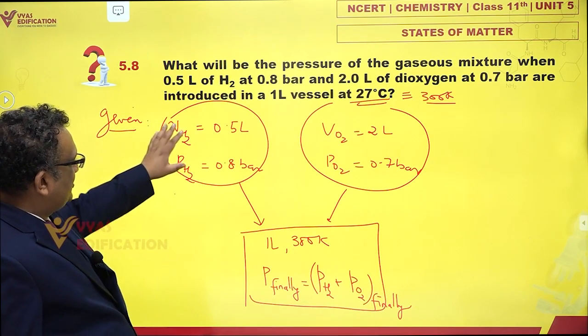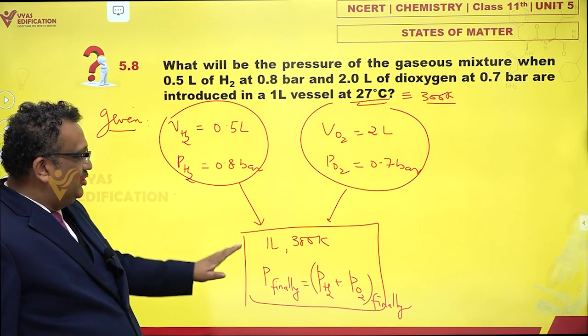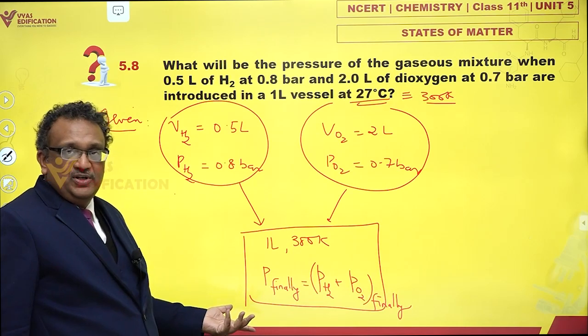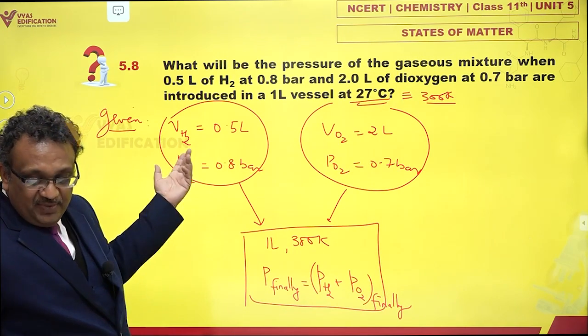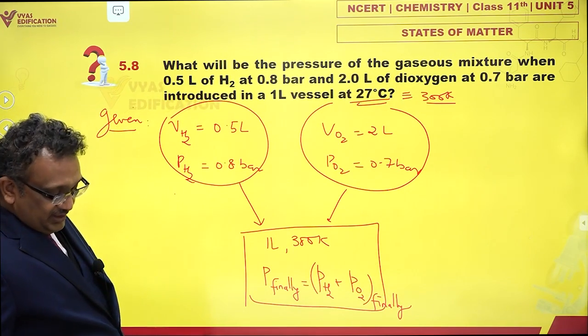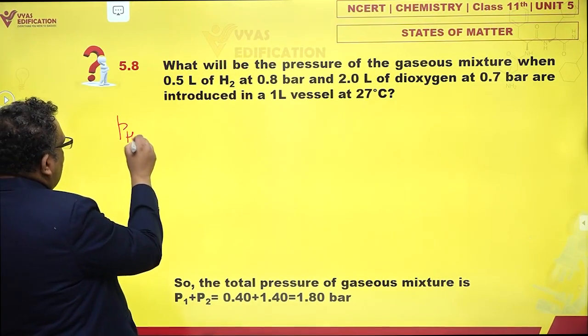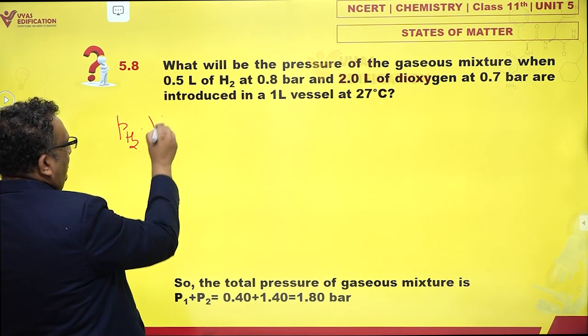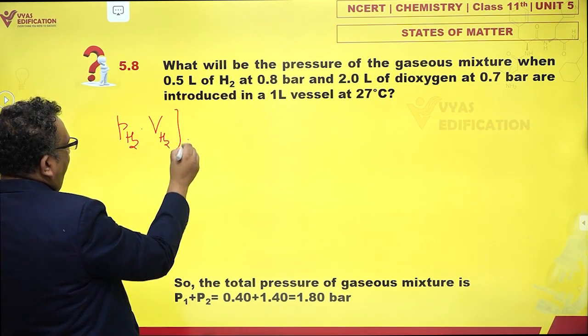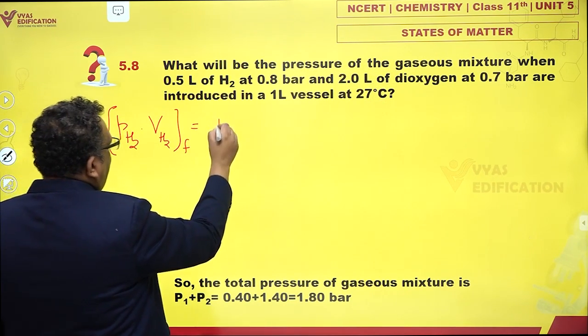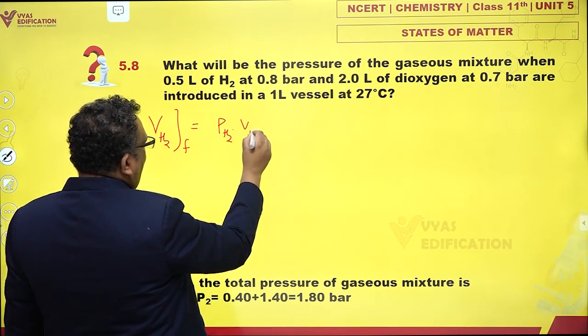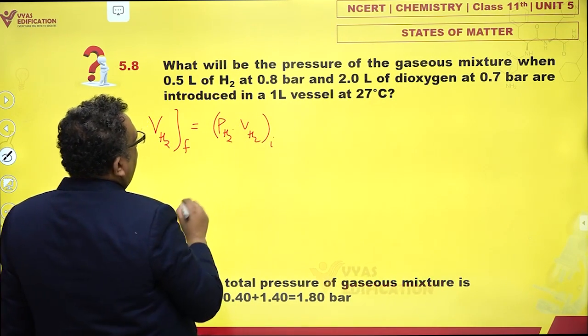So I'll just say that this is P1V1 is equal to P2V2 because temperature finally is same as initial, 27 degrees Celsius. So I can say that partial pressure of hydrogen into volume of hydrogen finally is pressure of hydrogen into volume of hydrogen initially.